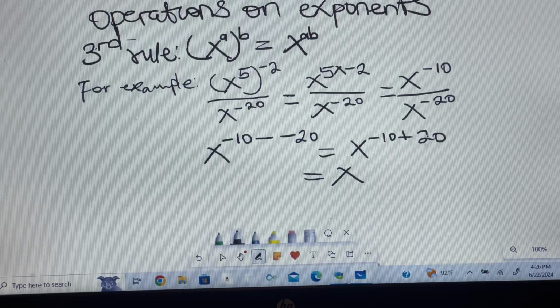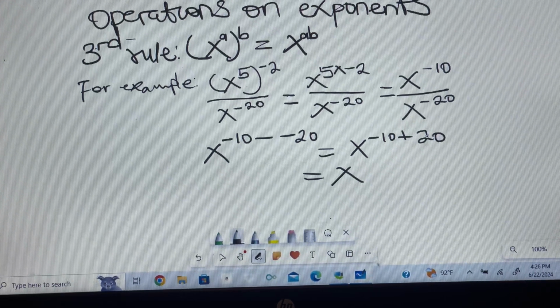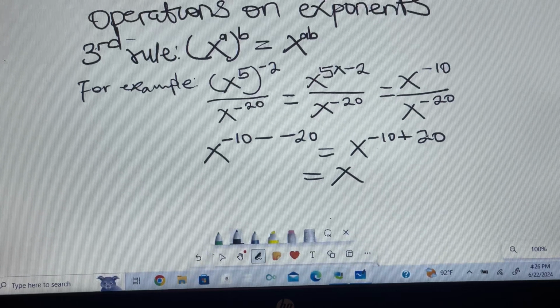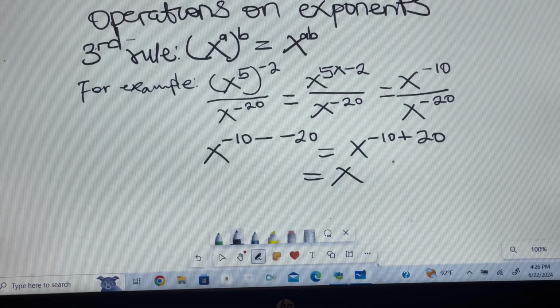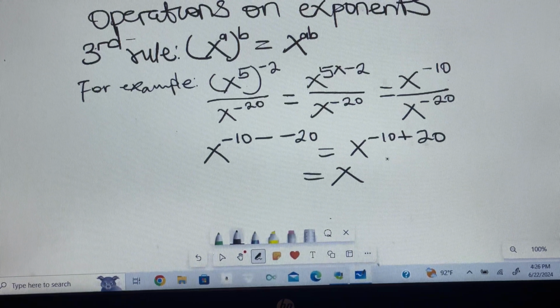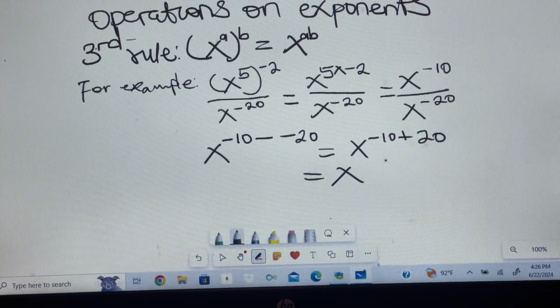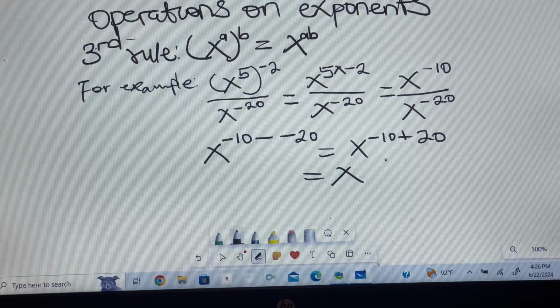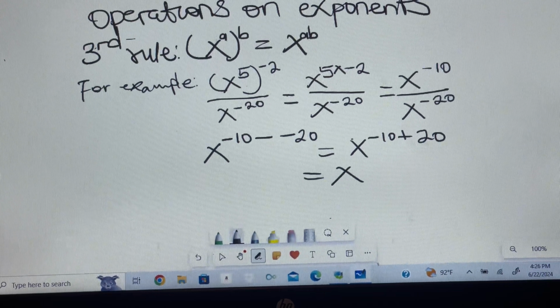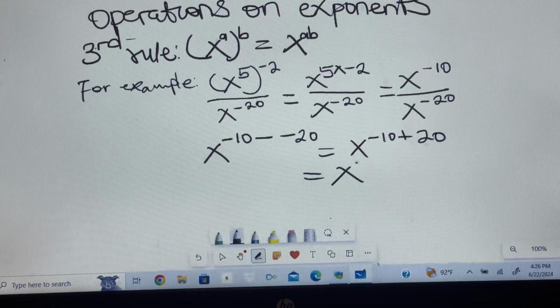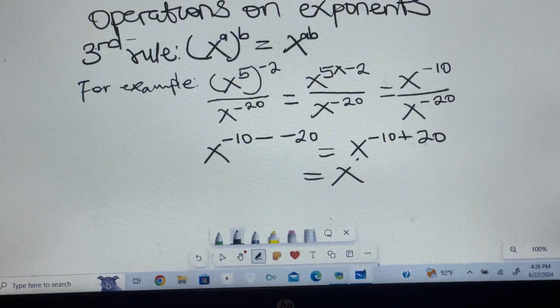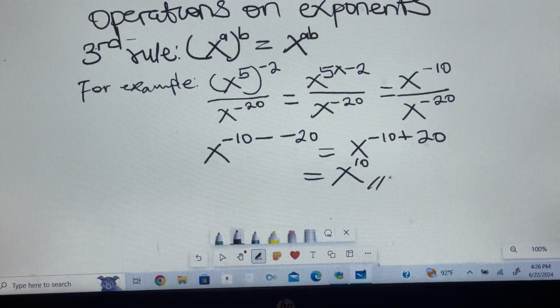As you learned earlier, when you have two numbers with different signs, you just keep the sign of the larger number and deduct the smaller number from the larger number. The sign of the larger number, 20, is positive. So 20 minus 10 is what? 10. So we have x to the power of 10. That's the answer.